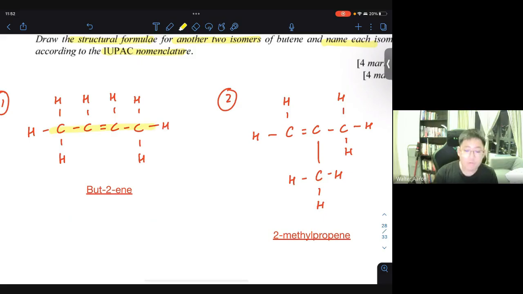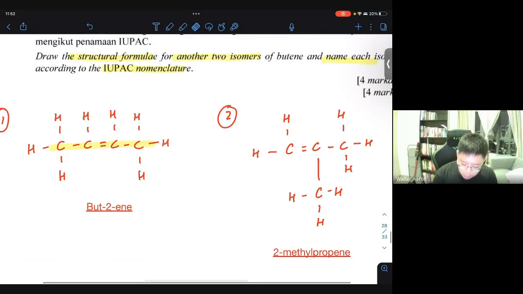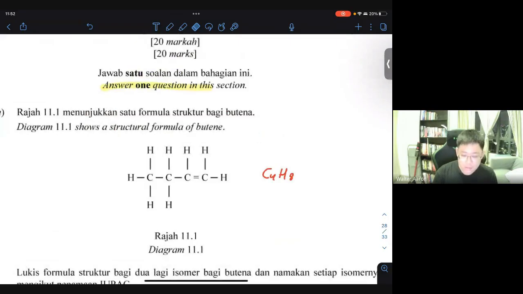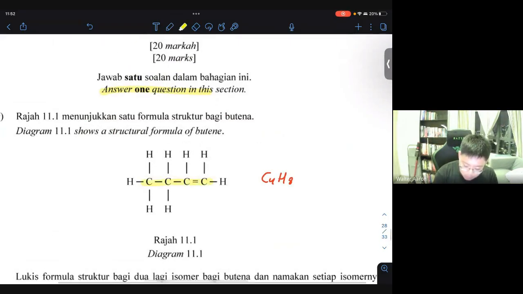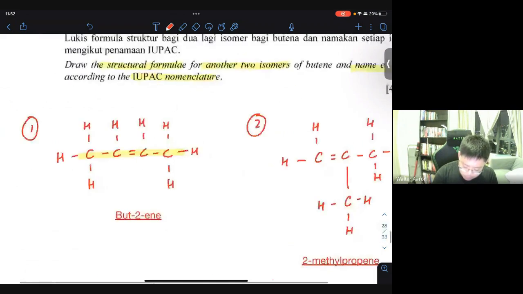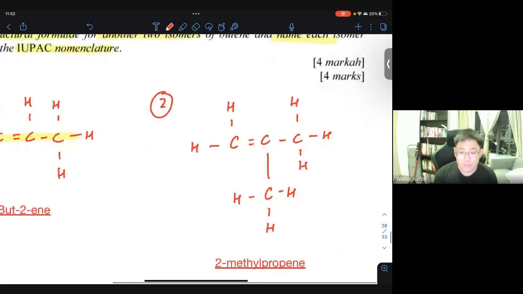That's another way of drawing the same linear structure, but you just change the double bond to the second carbon atom. Okay, so from the top one, you see this now, this is actually called but-1-ene. All right, this is but-1-ene because this is carbon number 1. This is 2. So this one over here, this is 1, this is 2. So this is called but-2-ene. And then the other one, okay, you can branch it out from the third carbon atom, the middle carbon atom.